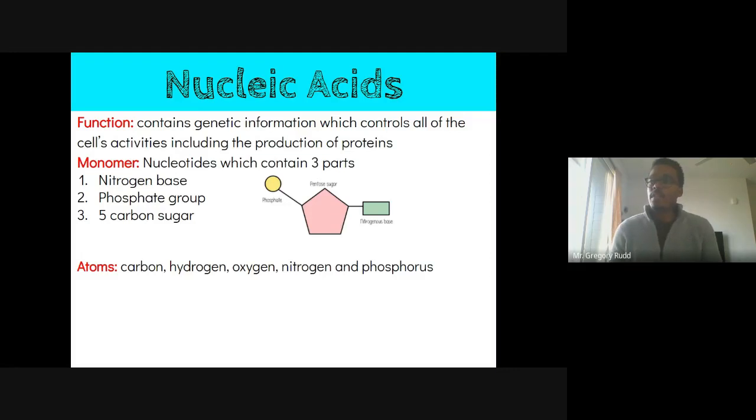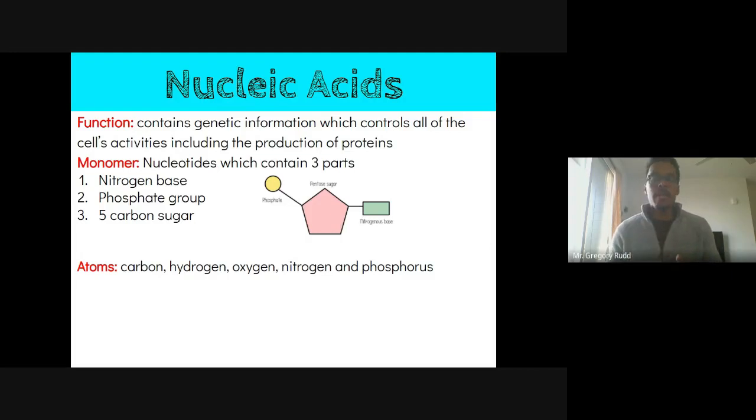The monomer of a nucleic acid is called a nucleotide. We can see that word right here. I want you all to start coming up with mental cues. When you see NUCLE as in nucleic acid, you should also be thinking NUCLE as in nucleotide. Of course, those two words look very similar, so obviously they are related.